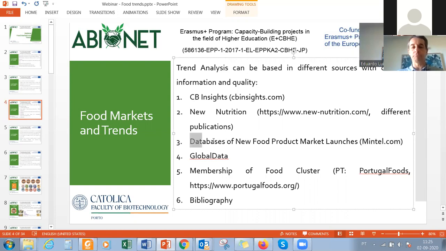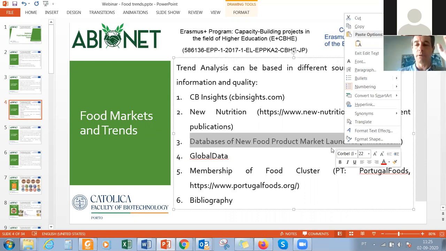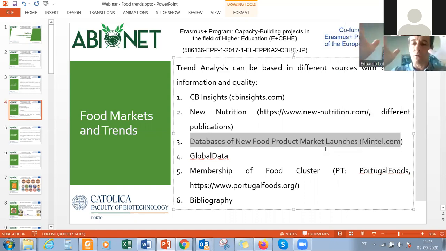I think it's an interesting idea, and it's a simpler approach. They manage a large database that is updated, and they register all the new food products that are on the markets widely in the world.